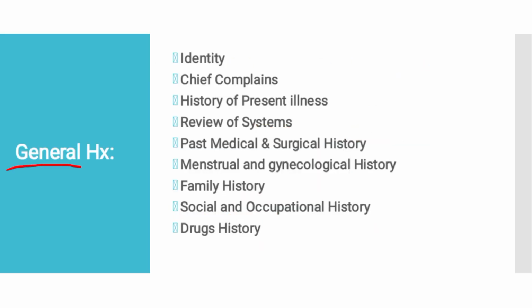First, as I told you, we start with the general history. When a patient comes to you, what you ask is very important. First, you need to ask the patient about his or her identity. Identity includes name, gender, age, marital status, and nationality.